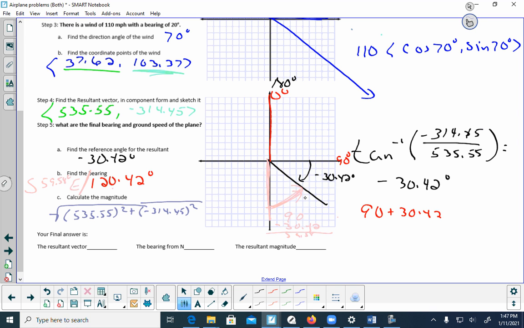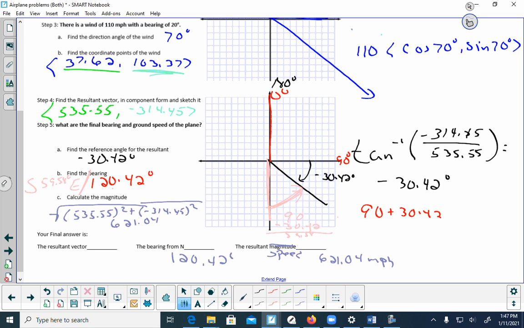And when I do that, I get 621.04. So the resultant magnitude is the speed of my plane, and that's going to be 621.04 miles per hour.